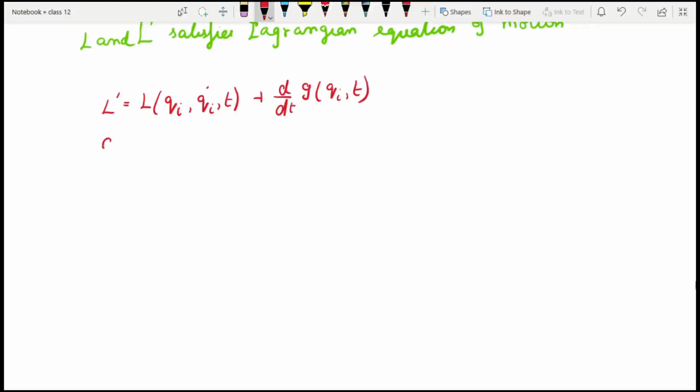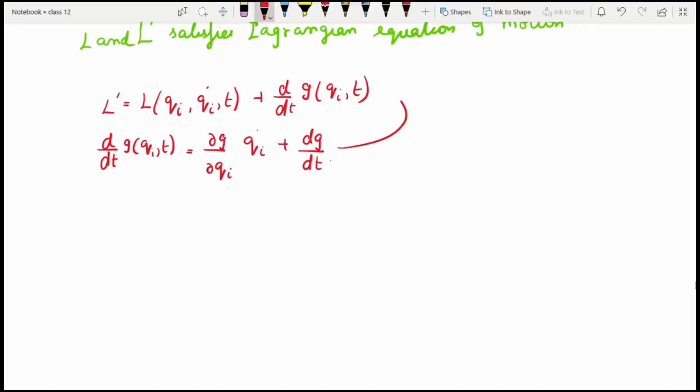We have obtained that the first derivative of g(qi, t) is equal to dou g by dou qi times qi dot plus dou g by dou t.